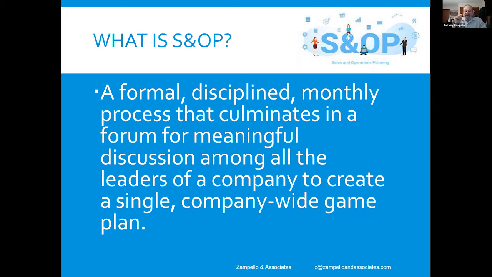Another key point in this definition is that it's monthly. Companies that say we want to do it quarterly are going to end up doing more work than if they had to do it monthly. By doing it monthly, the first question at every single step and every single meeting we have for S&OP is, what do we know now that we did not know last month?